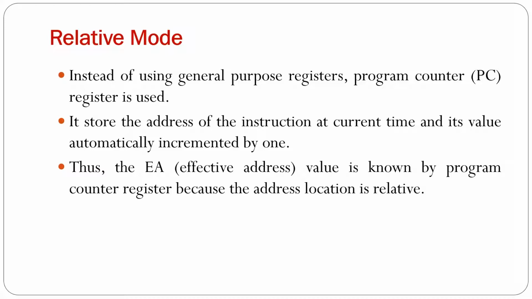Here, instead of using general purpose registers, the program counter or PC register is used, which stores the address of the instruction at the current time and its value is automatically incremented by 1. Thus, the EA or effective address value is known by the program counter register because the address location is relative.